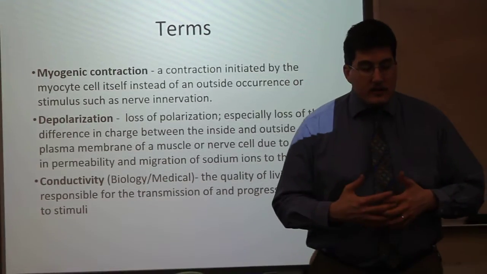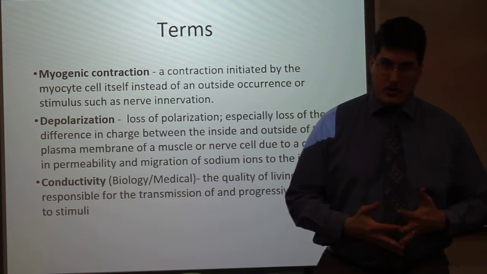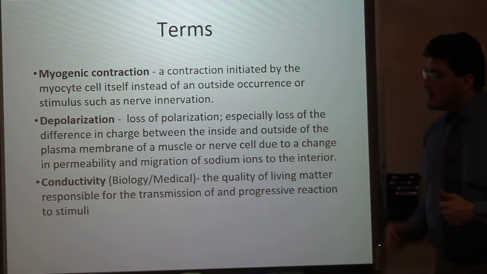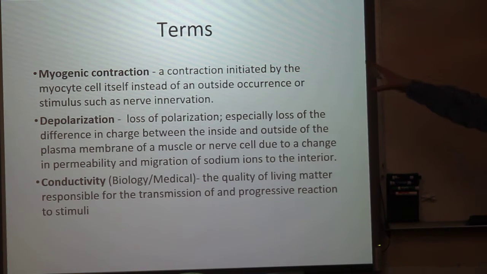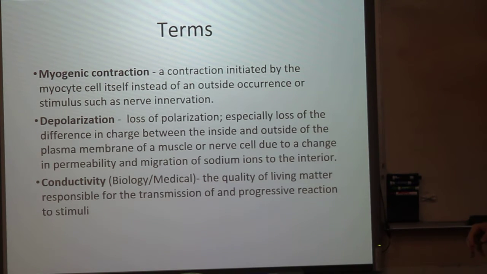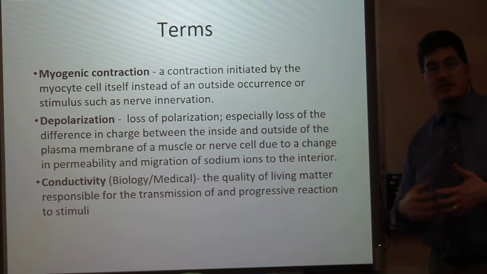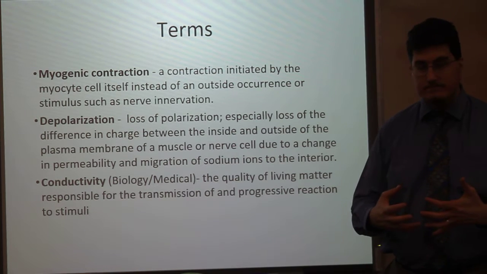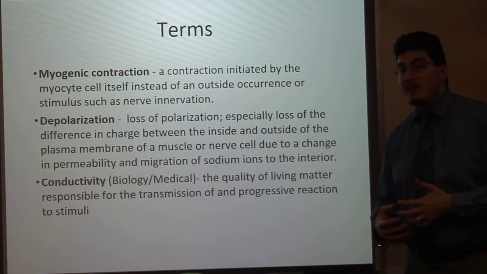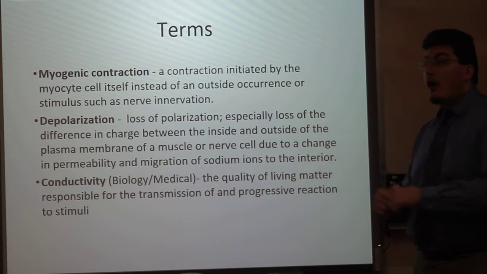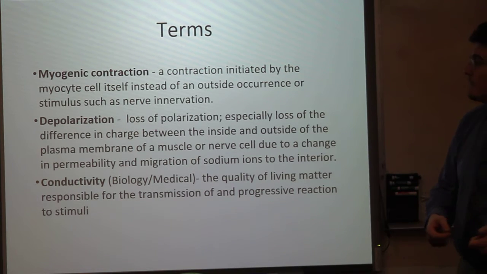And first we're going to define a series of terms. Myogenic contraction. This is a contraction initiated by the myocyte cell instead of an outside occurrence, such as a stimulus by a nerve innervation. Depolarization is the loss of polarization.